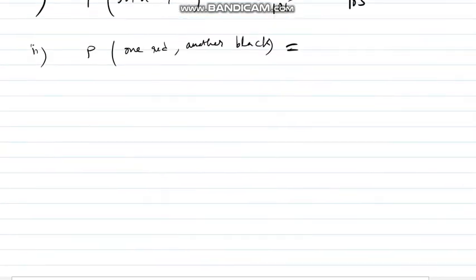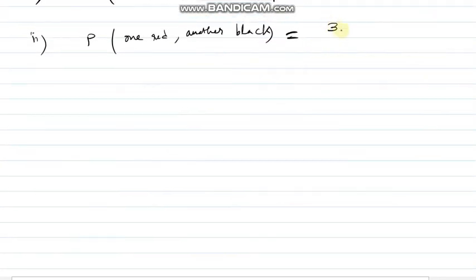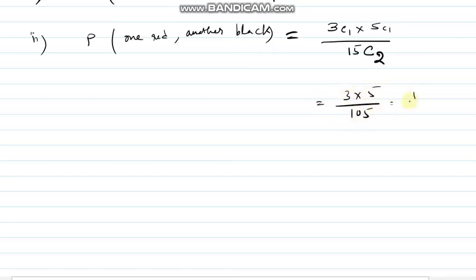Just check. 3 red balls and 5 black balls. So 3C1 and 5C1 divided by 15C2, like this. So it will be 3 into 5 divided by 15C2. Already we have calculated. So 15 by this. So answer is 1 divided by 7.